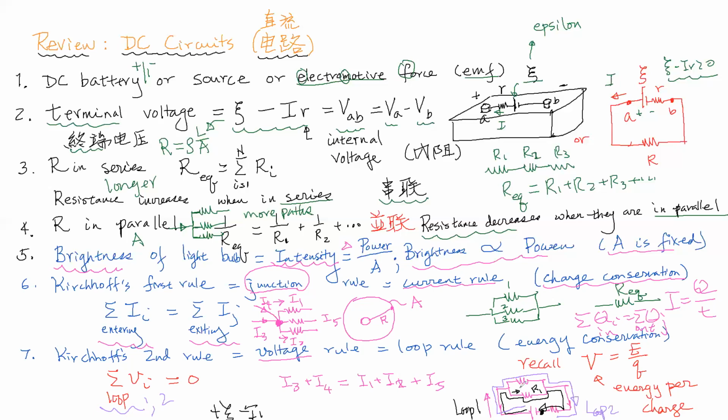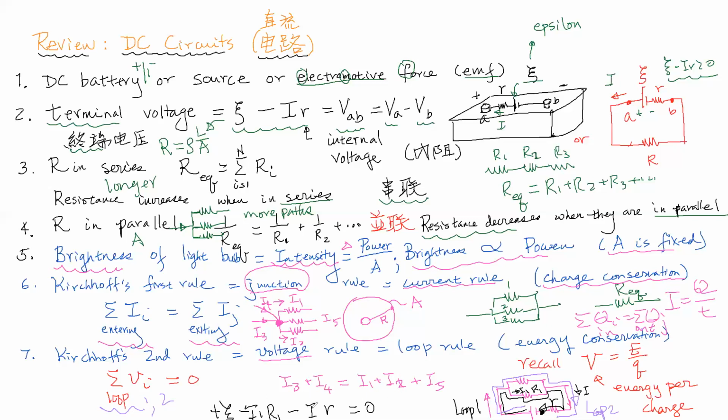And then minus, this one here is I, so minus I times, let's say, the little r. Then you come back to this point again, so that's equal to 0. So that's how you apply the second rule around any loop.